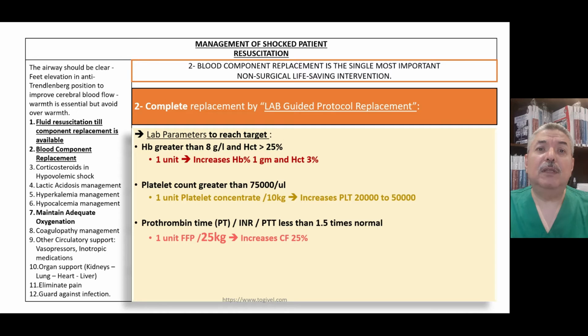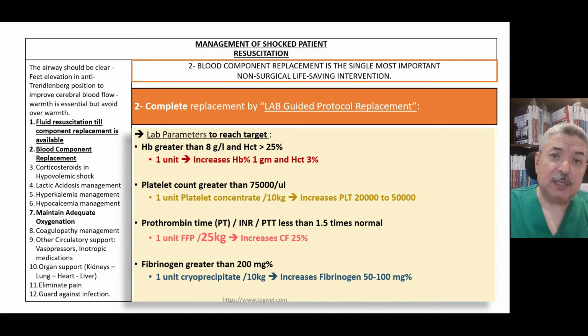Then I need the blood to be clotting efficiently. So if the PT, PTT or INR are above 1.5 times normal, I need to bring them back below 1.5 times normal by giving fresh frozen plasma. Every 1 unit fresh frozen plasma per 25 kilograms of patient's weight will increase the clotting factors by 25%. Last but not least is the fibrinogen.